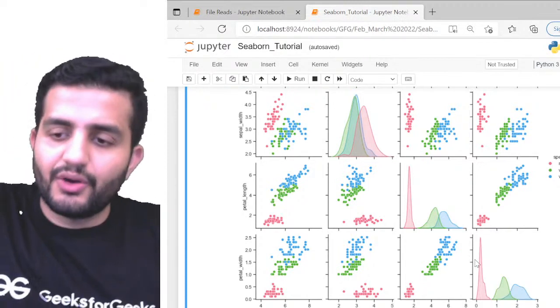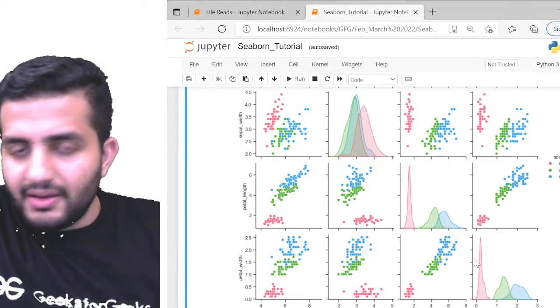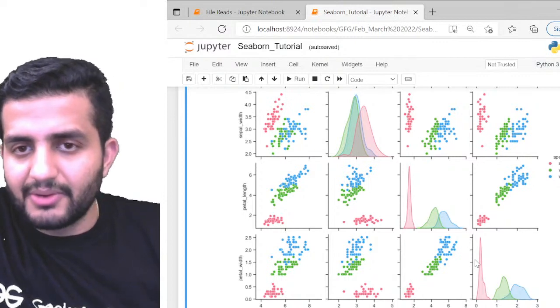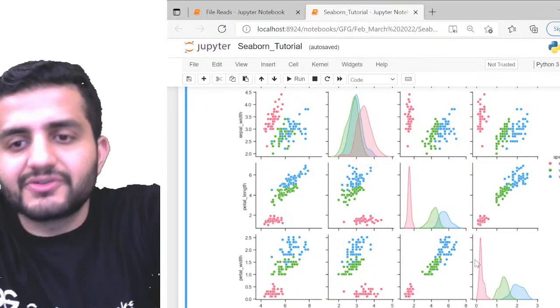Even the problematic distributions are fine. If you're not able to figure it out, that's also fine. At least tell something. Okay, Mahesh has one thing: normally distributed diagonal graphs.